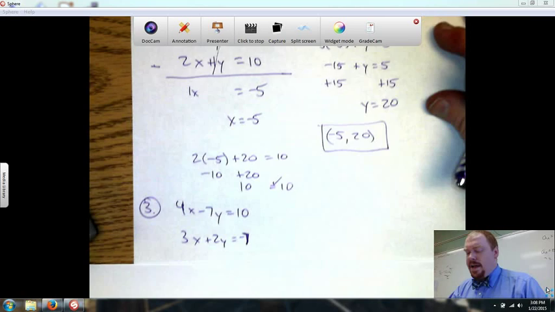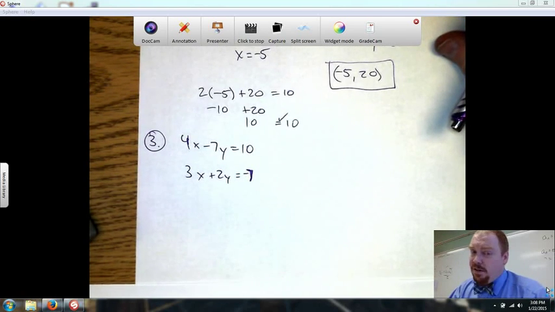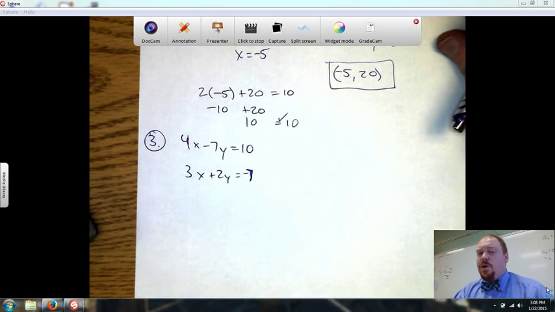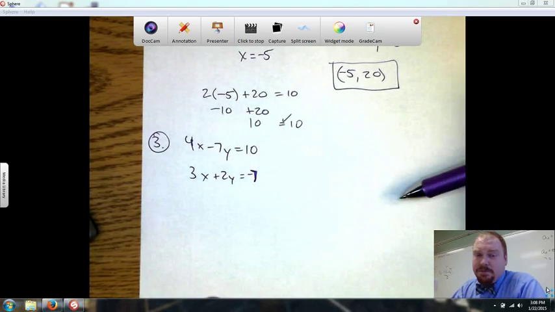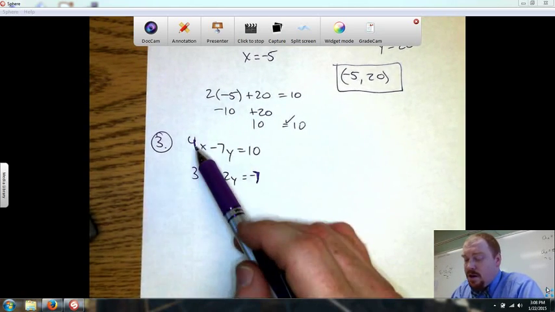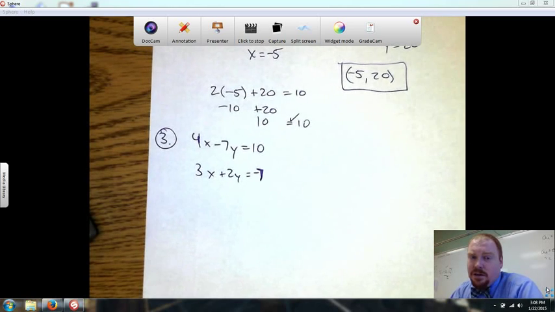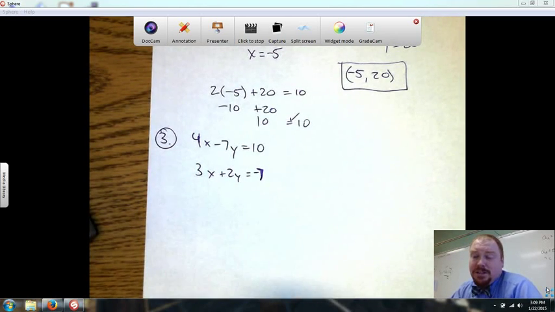The last type of equation that I would use with elimination is a little bit more complicated. This is when the numbers may line up, and I could easily make things line up. However, the numbers are different. So I have to make them the same. And it's entirely up to you what you would like to get rid of. I always like to use the first numbers, just because they're in front.